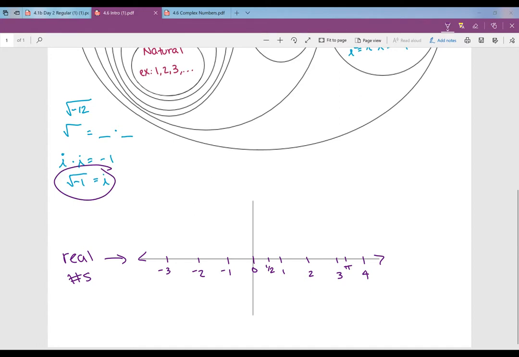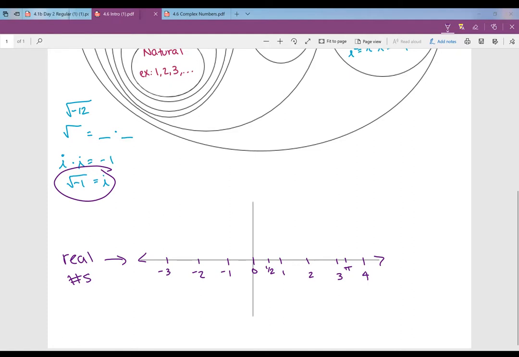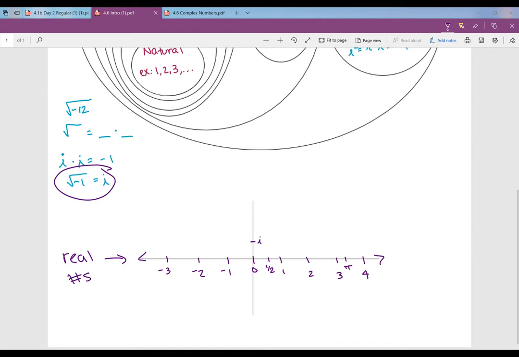Well, instead of having just a number line, now we're going to actually create a number plane. So remember, a plane is a whole flat area, so kind of like a whole piece of paper. This whole thing is a number plane now. And i is going to go right up here. i, 2i, 3i, and same, we have negatives, -2i.